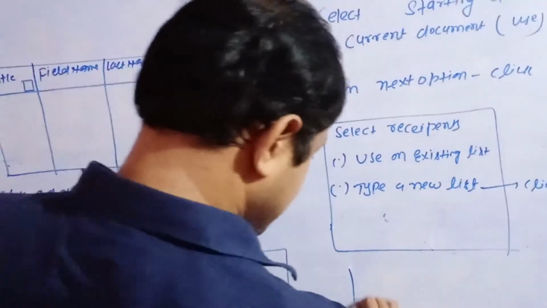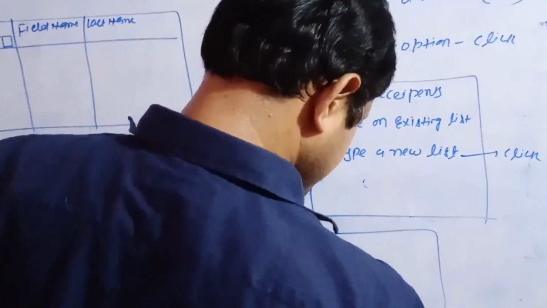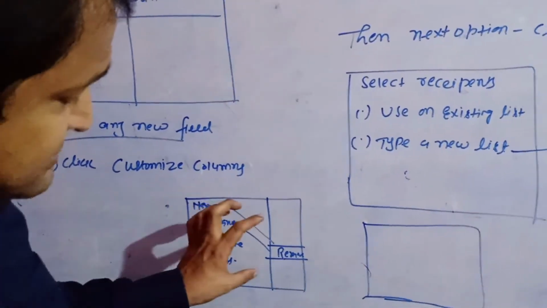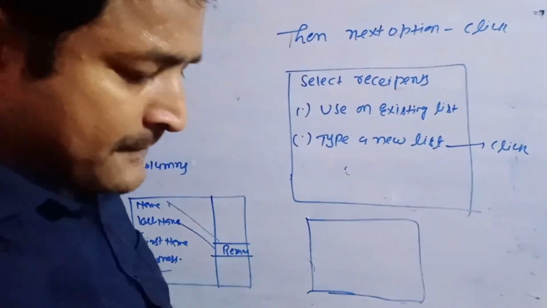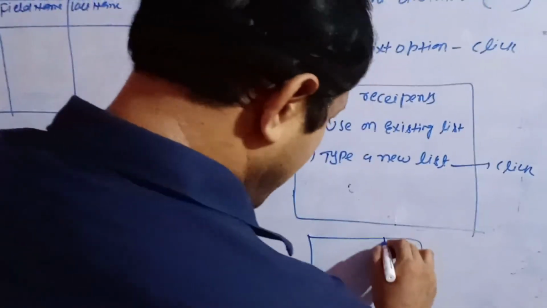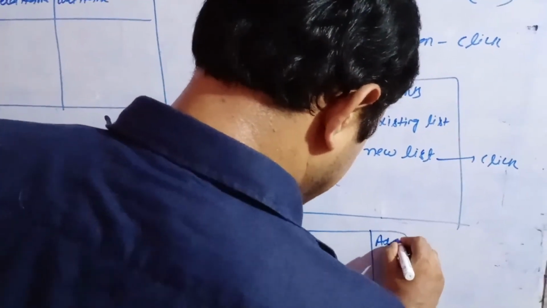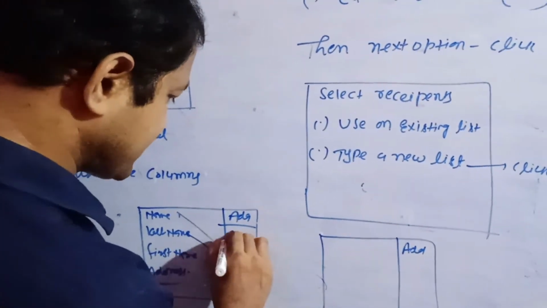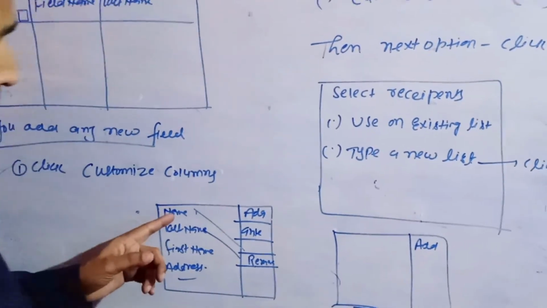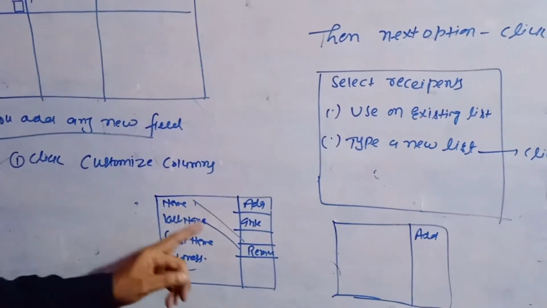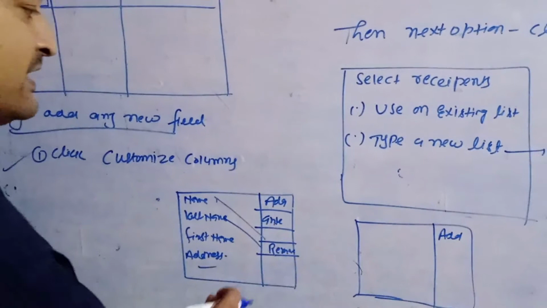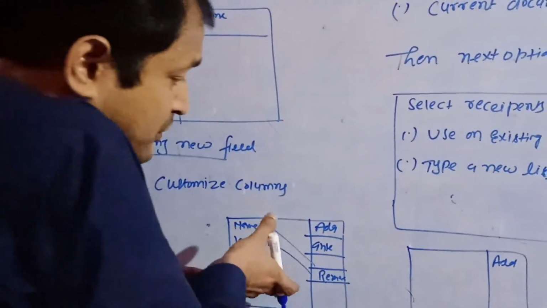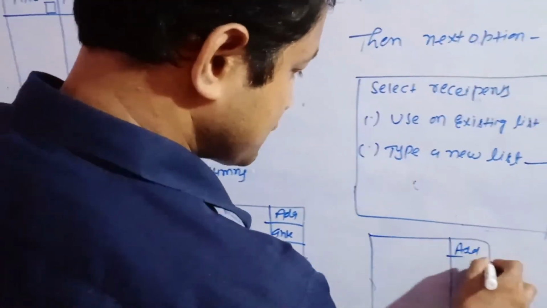Then again one dialog box provides the add option. There are so many options: add, remove, insert. Those not involved in this letter, just remove. Remove all the fields, and to add a new field, just click add.